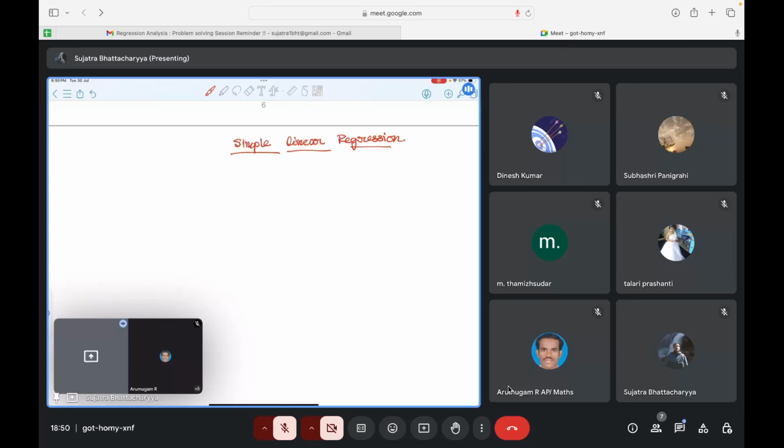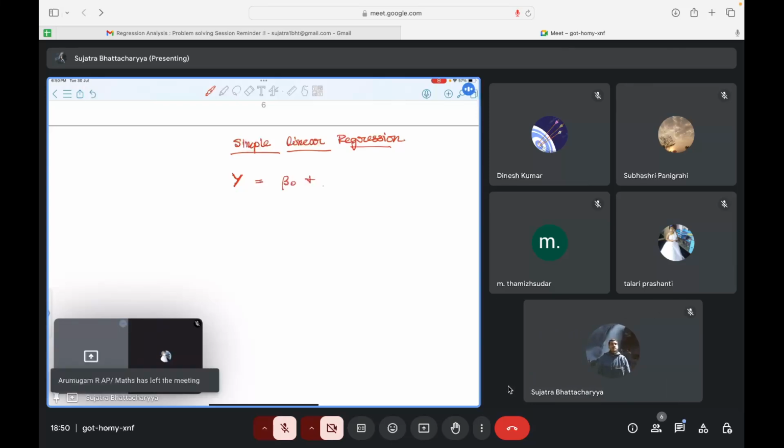The simple linear regression model looks like this: y is equal to beta naught plus beta 1 x plus epsilon. Epsilon is some kind of an error. This is the actual linear regression model, called LRM.